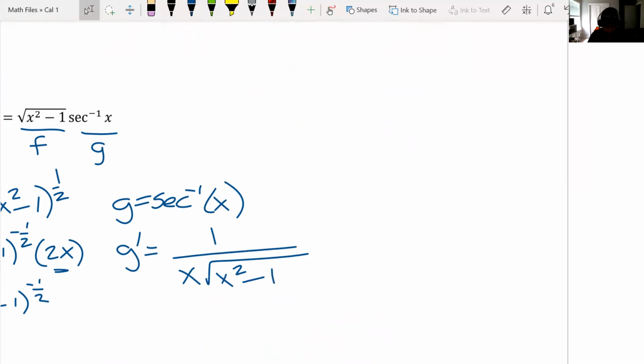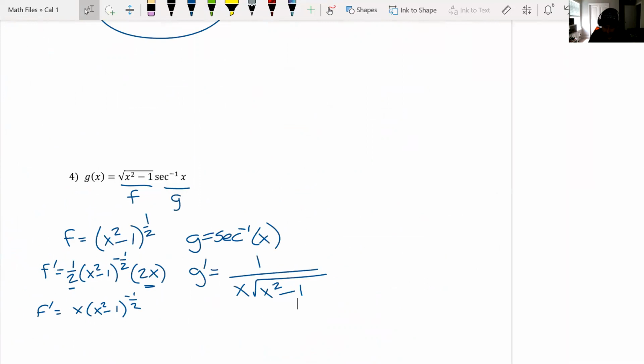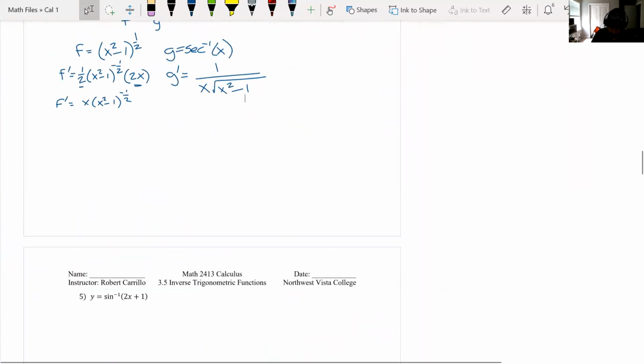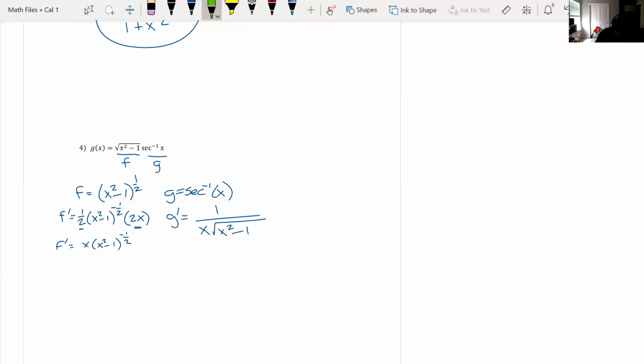All right. So put it together. Let's see. I have a lot of room. Okay. So f prime g, we get g prime of x equals x secant inverse of x times (x squared minus 1) to the negative 1 half.